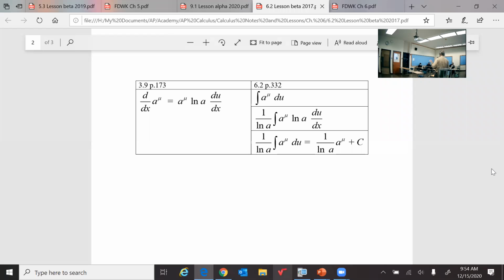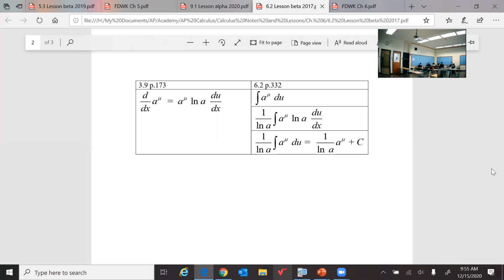So that means this. If you're asked to anti-differentiate a to the mu d mu, you need the ln a. ln a is a constant, so you can introduce that. You would have to multiply ln a times d mu. In order to balance that, you have to multiply the reciprocal out front.